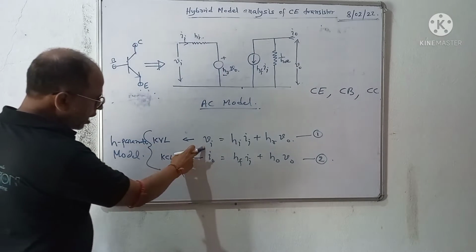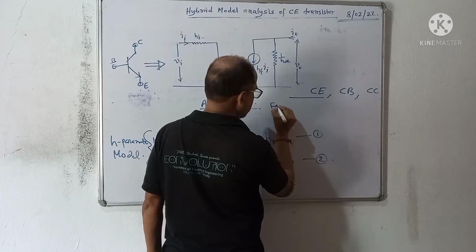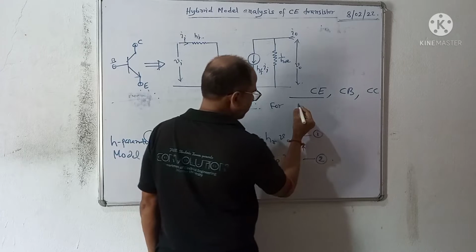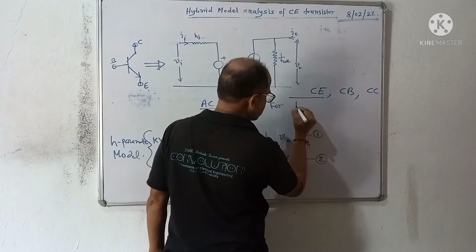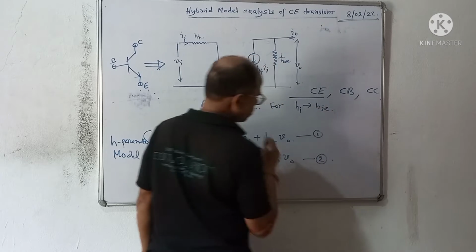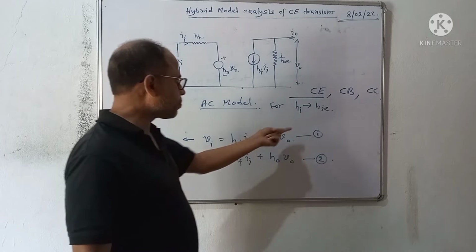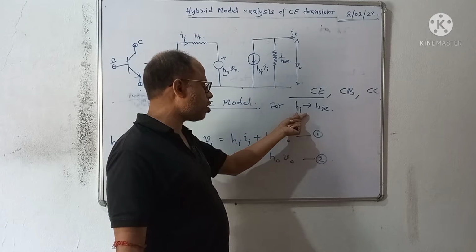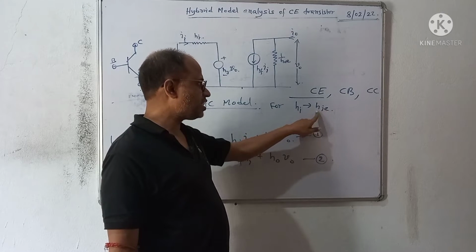Therefore, for common emitter, HI becomes HIE, the input resistance of the transistor in common emitter mode.